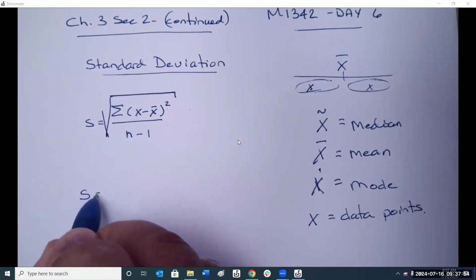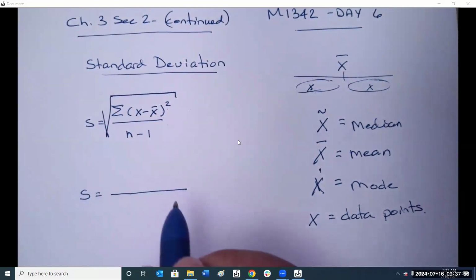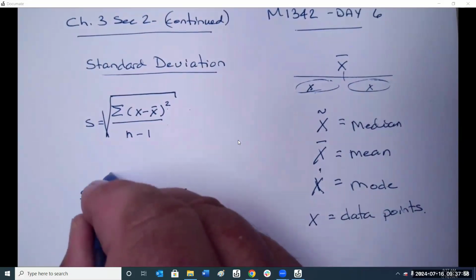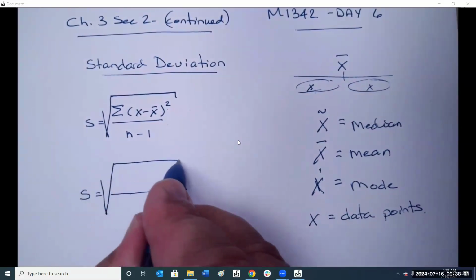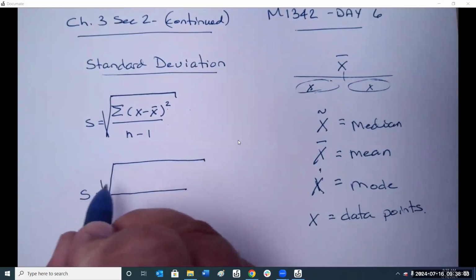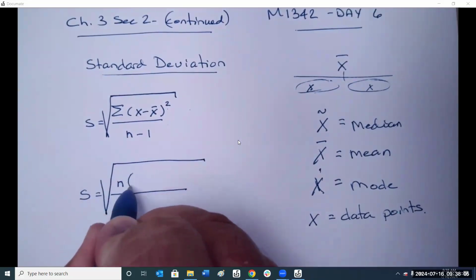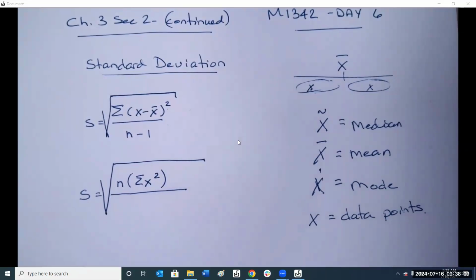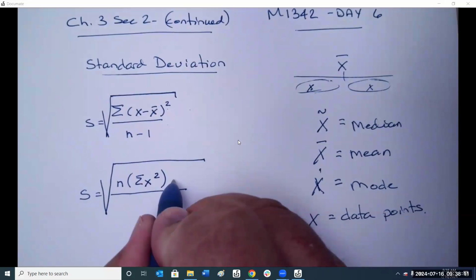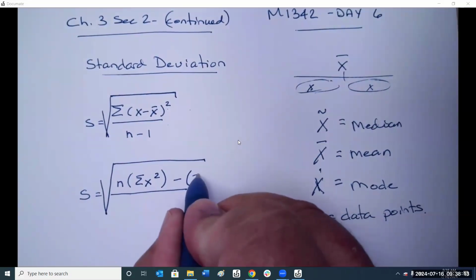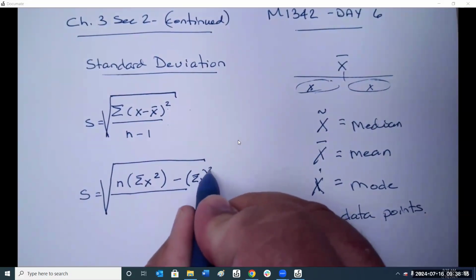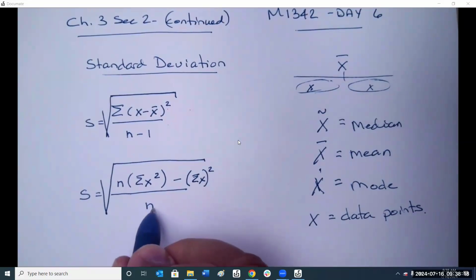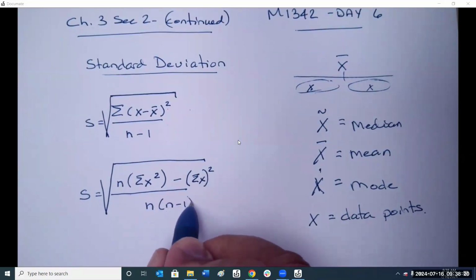Then we saw another formula. Again, it deals with the square root of the entire equation. N times summation of x squared minus the summation of x, squared, over n times n minus 1.